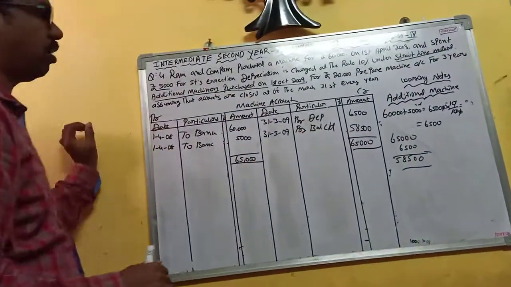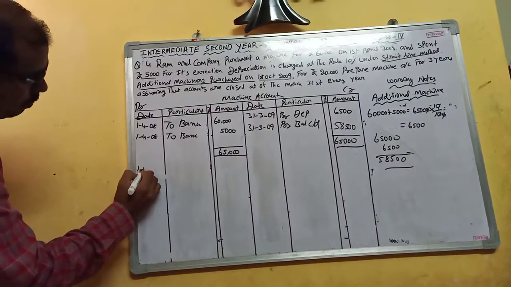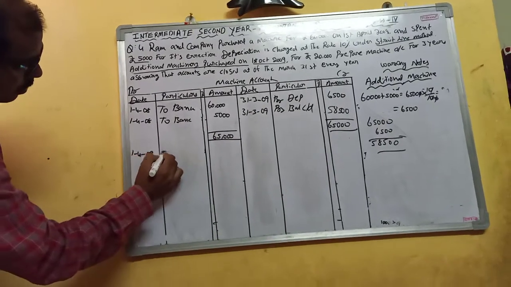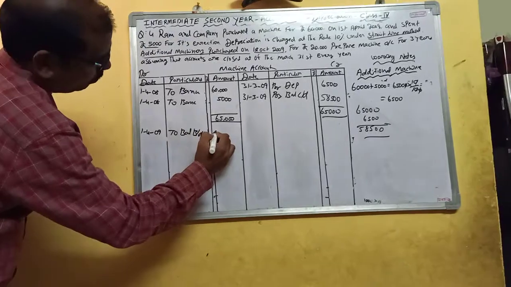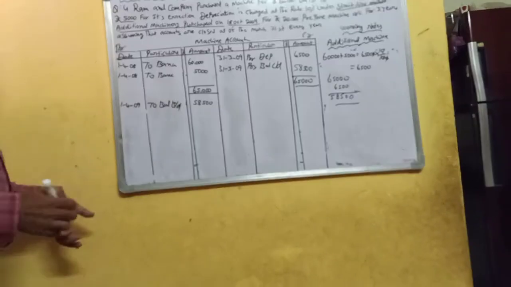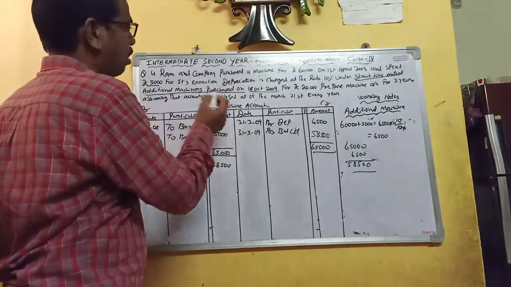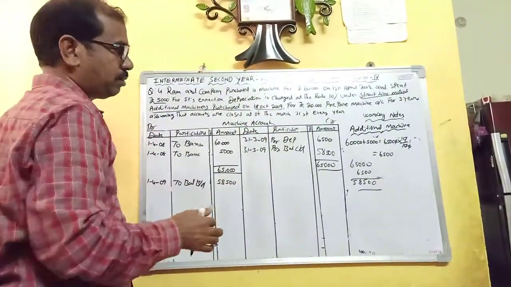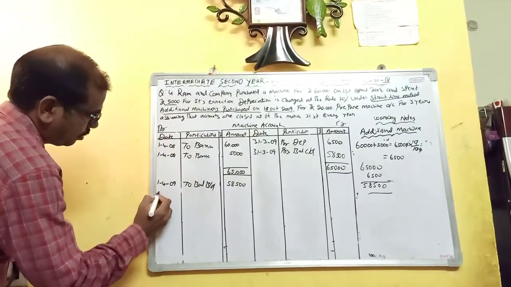Our machinery value after completing 1 year is 58,500, carried forward to the next year. 1st April, to balance brought down, 58,500. In this year only we bought the additional machine on 1st October 2009. That's why we have to take it in this year.